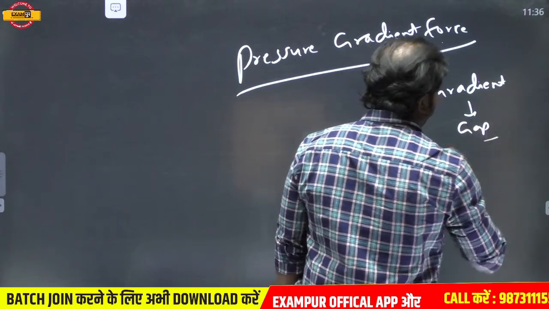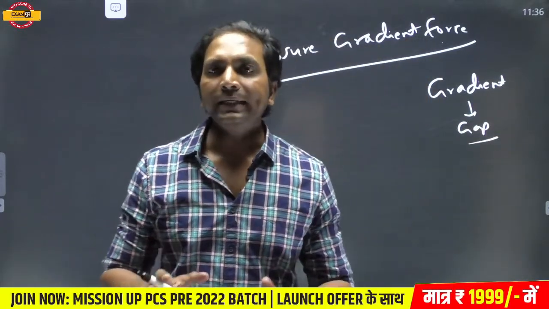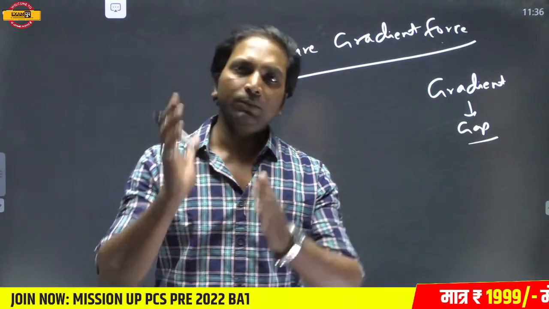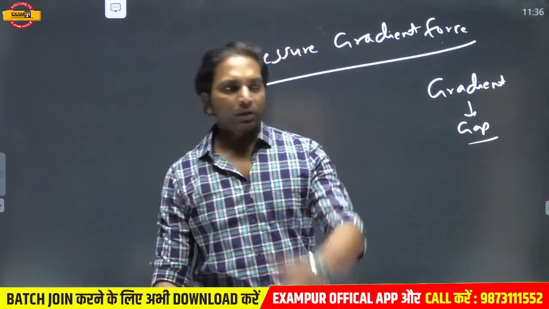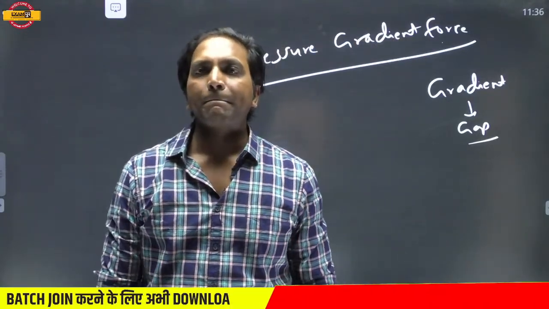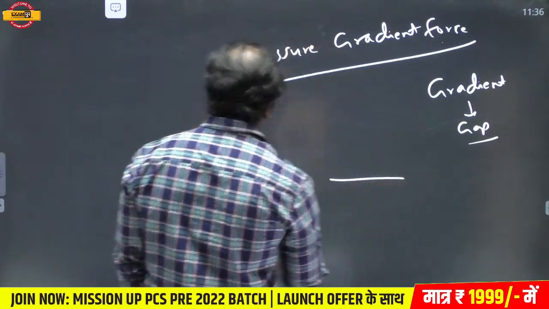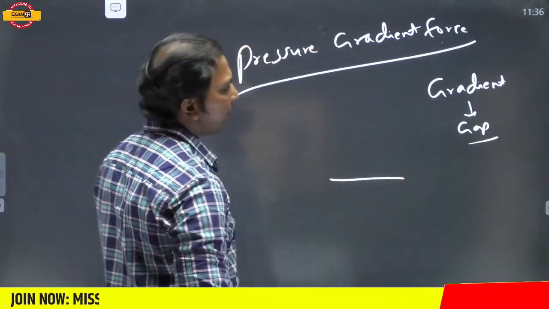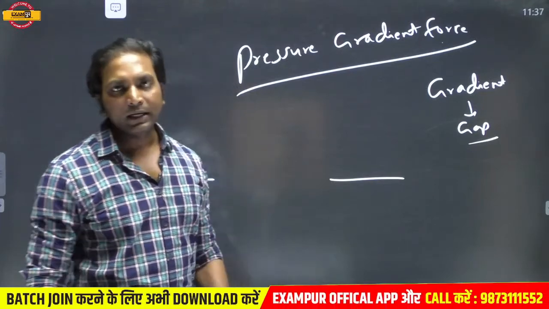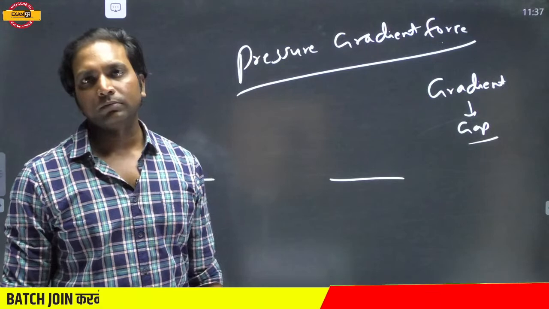Because of the differential heating of the Earth's surface, because of the direct rays of the sun and the slant rays of the sun, the differential heating of the Earth's surface creates different pressure zones.